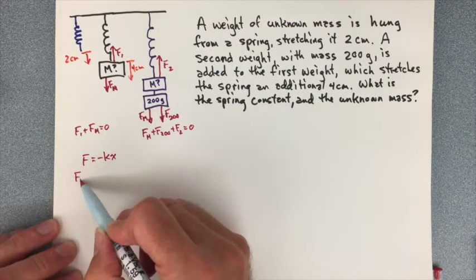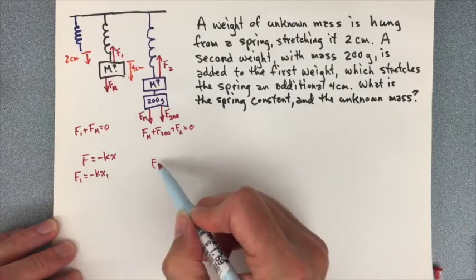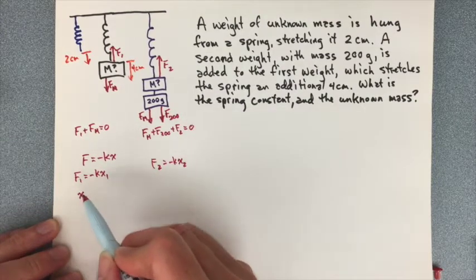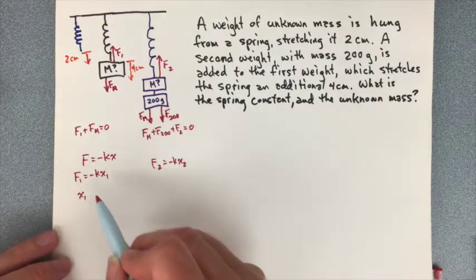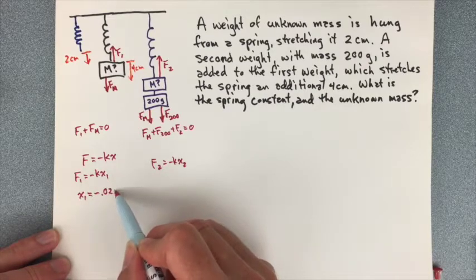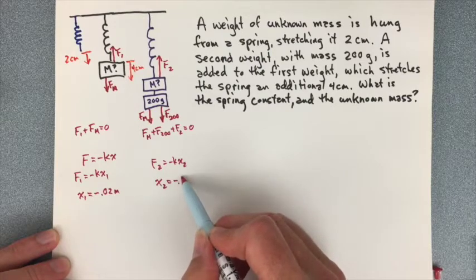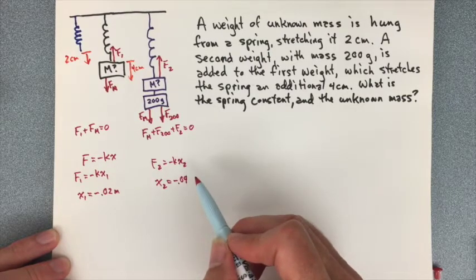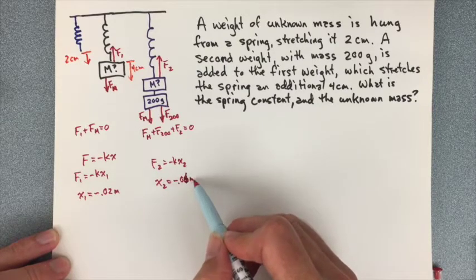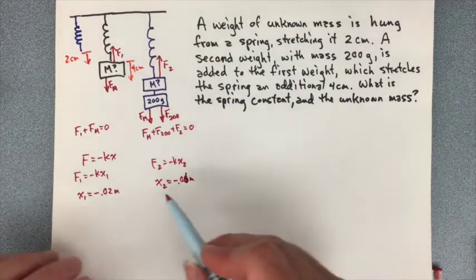So we have an F1 that is equal to minus kx1 and an F2 that's equal to minus kx2, where x1 is a downward displacement of 2 centimeters, so this is minus 0.02 meters, and x2 is equal to minus 0.06 meters. It's the sum of those two, 2 centimeters and 4 centimeters. So those are our two positions.